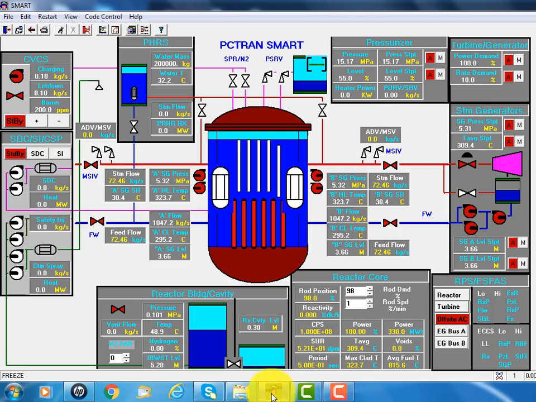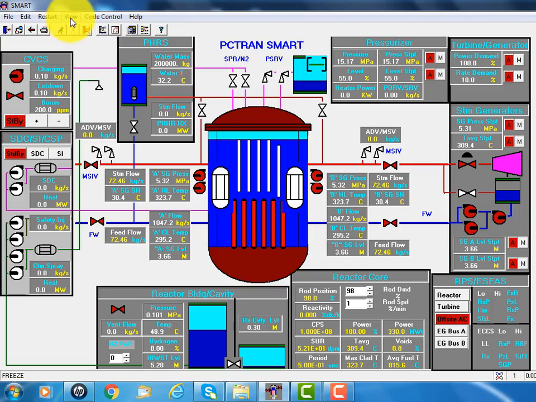The thermal power is about 330 megawatt, and the electric power is about 110 megawatt electric without heat application to desalination or district heating.